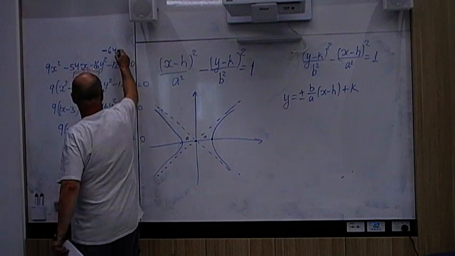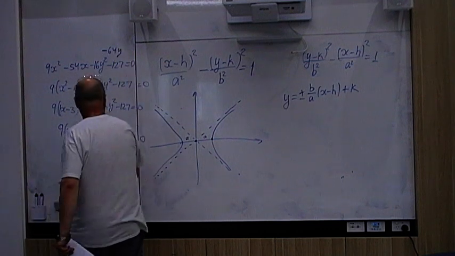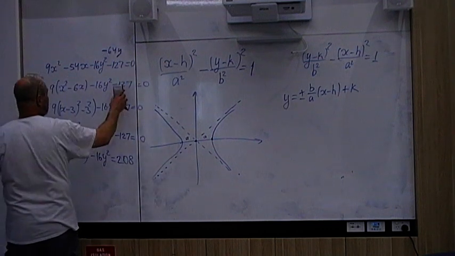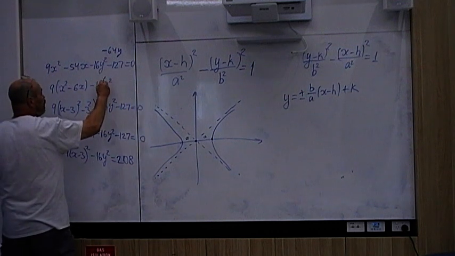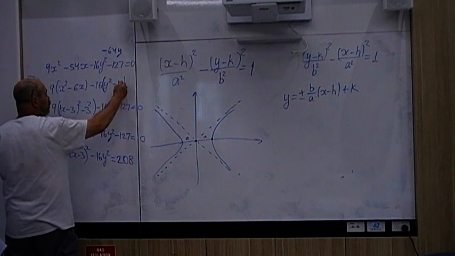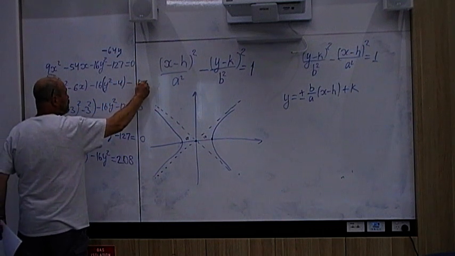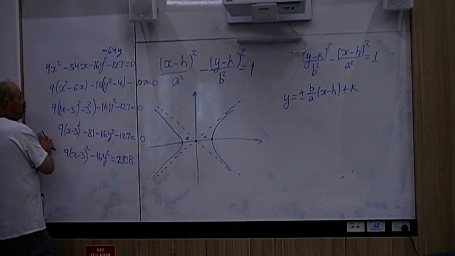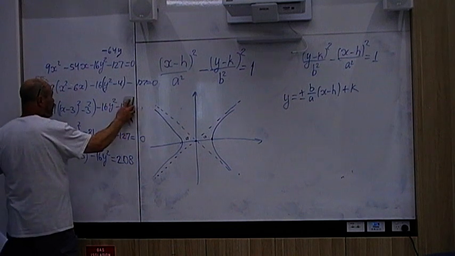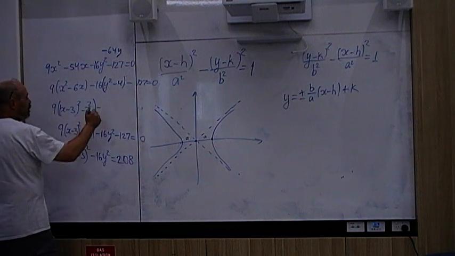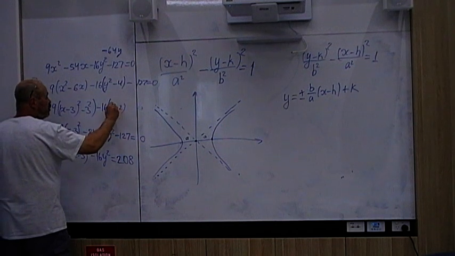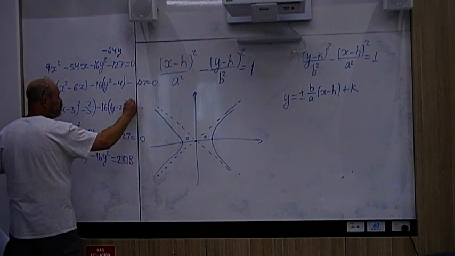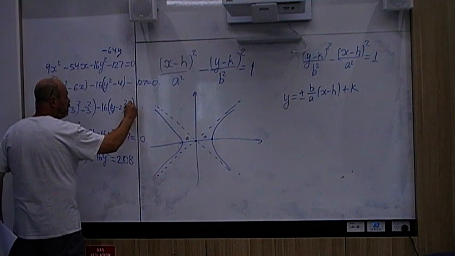That will of course change what happens here. So it will be minus 16 times (y squared minus 4y) minus 127 equals 0. Completing the square, 16 times ((y minus 2) squared minus 2 squared).